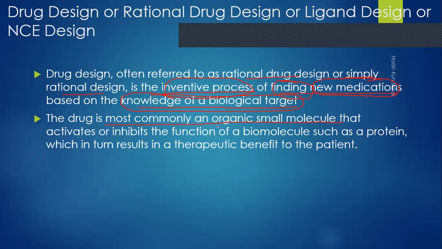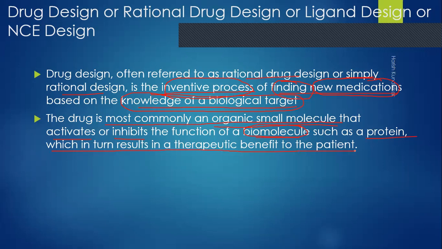So the drugs are mostly organic small molecules that activate or inhibit. So they can either enhance or inhibit the function of a biomolecule. So biomolecule is the target of interest, such as protein or enzymes or maybe DNA, RNA, okay, and which in turn results into therapeutic benefit to the patient.